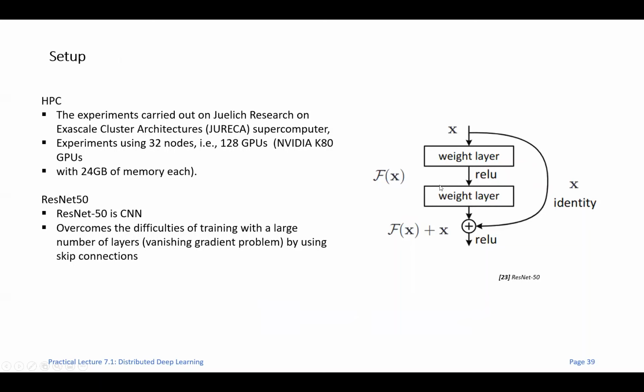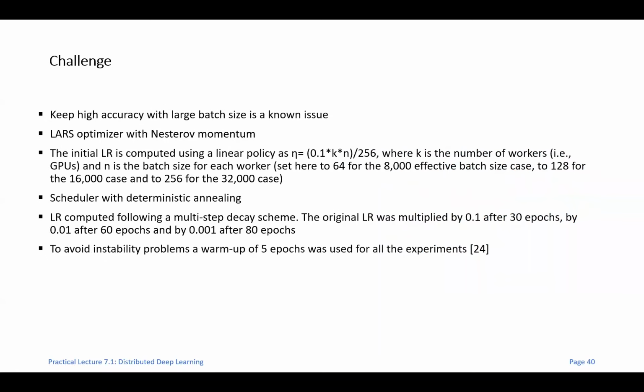We use this backbone, the ResNet 50, because it is a very well-known and well-established CNN. Nowadays, we are also using more advanced networks like EfficientNet, that can use a smaller number of parameters, but still ResNet is a good way to compare results as a benchmark. And so the problem that we were facing was that we were using a very large batch size.